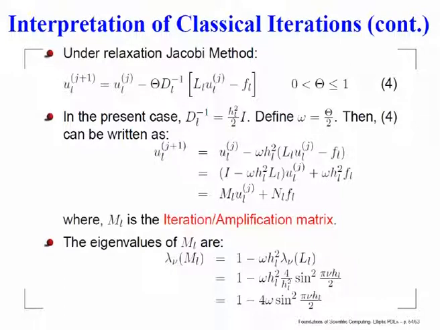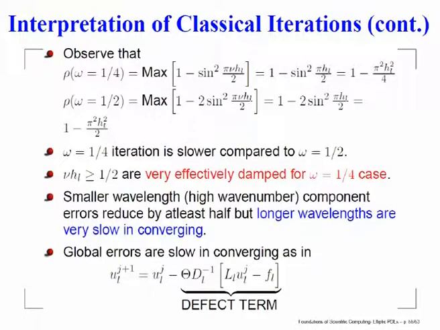We have often commented that we choose theta, capital theta, or in this case omega, to hasten our convergence. If I choose theta equal to half, that gives omega as 1/4.